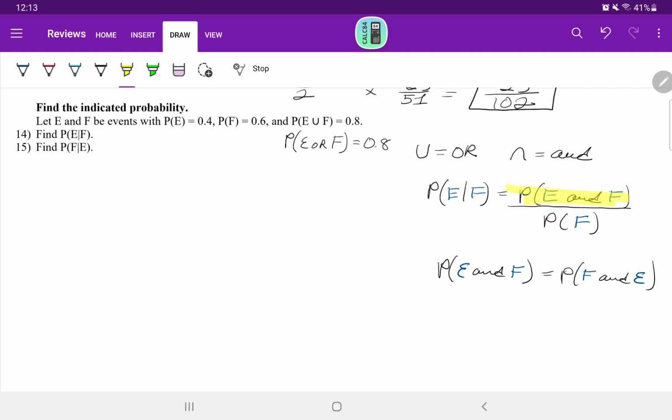We do not have this. We do not have the probability of E and F, but we can definitely find the probability of E and F. We did that in a question previous in this review video series. And let's use the addition rule. Addition rule 2 to be exact.